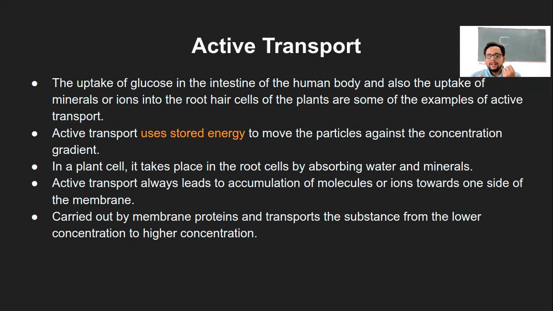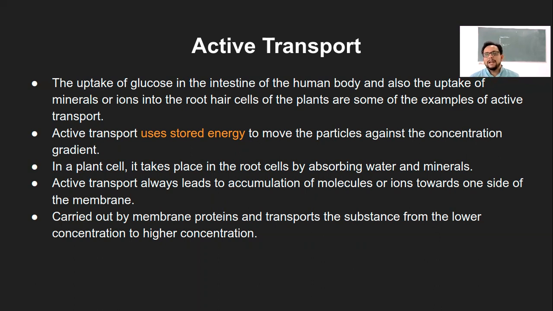And that is where the concentration gradient will be established. Blood in the capillaries next to the intestine will have higher glucose, and the intestinal lumen, which has the digested food, will have a lower concentration of glucose. Now if this glucose from the intestine has to be transported into the blood, it needs an active process, that is active transport.